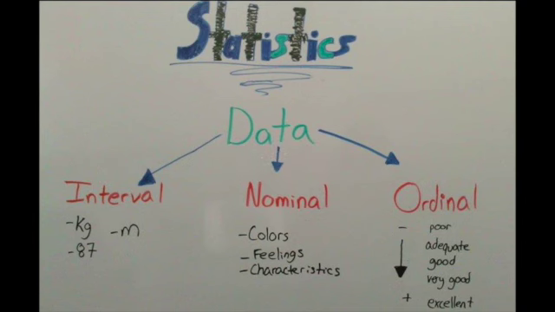There are three types of data: interval, nominal, and ordinal. The interval data is the one based on real numbers, such as height, weight, income, and distance. We also refer to this data as quantitative or numerical data. The nominal data are categories.